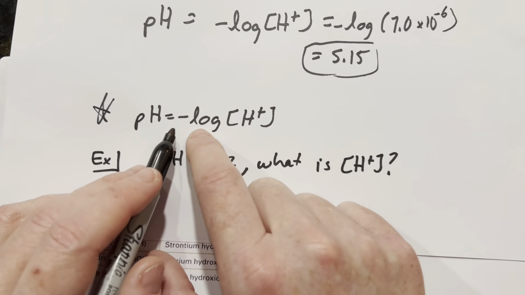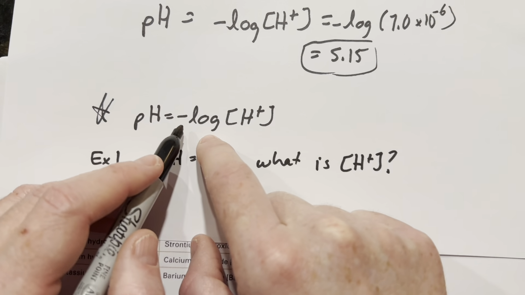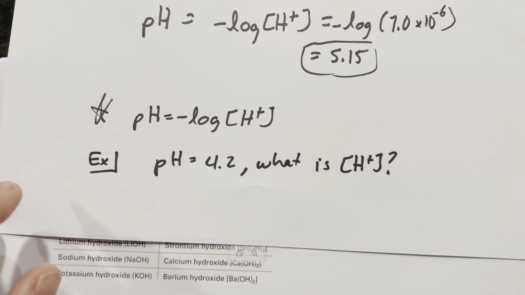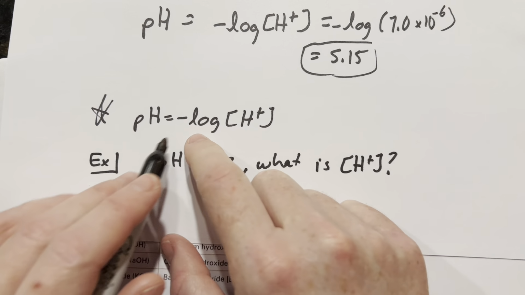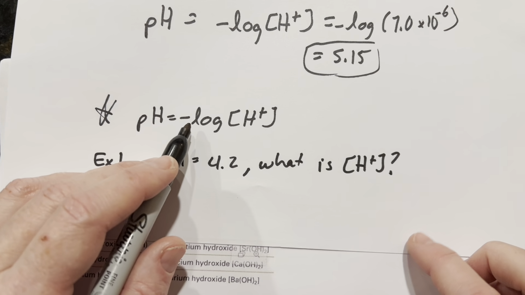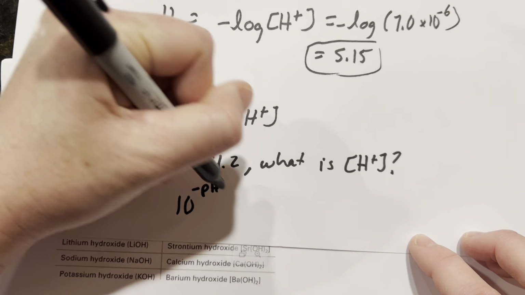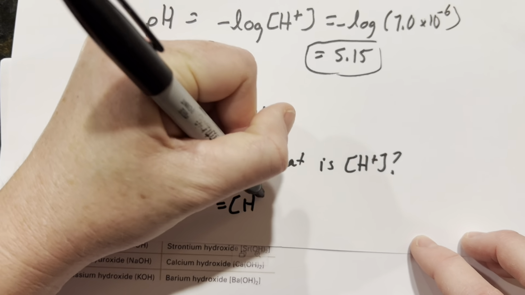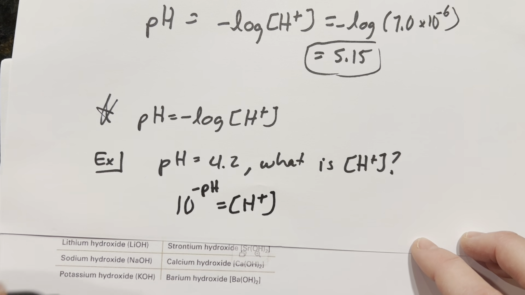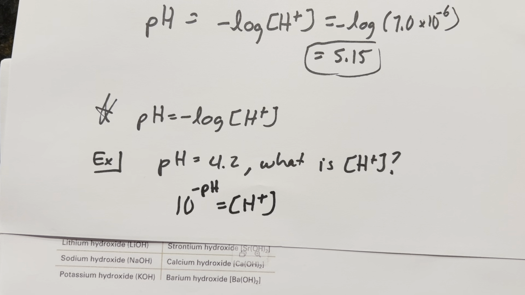You take 10 to both sides to get rid of that log, and you still have that negative sign, so you end up getting 10 to the negative pH. So 10 to the negative pH is going to give us our H plus concentration.